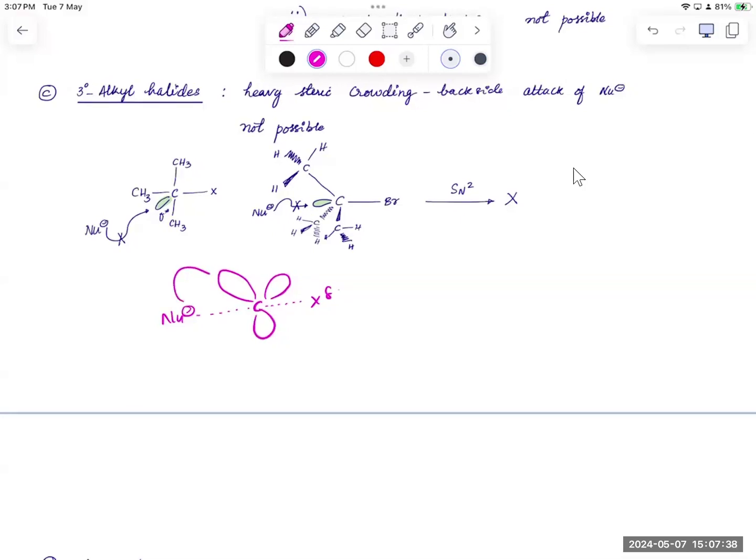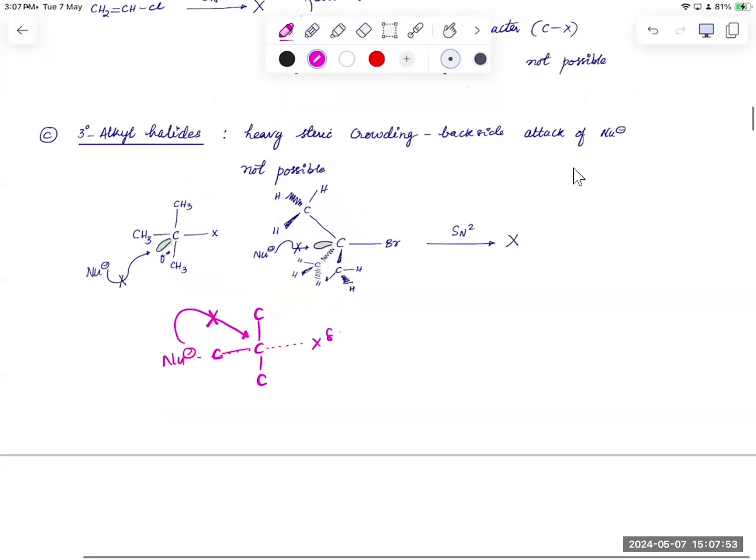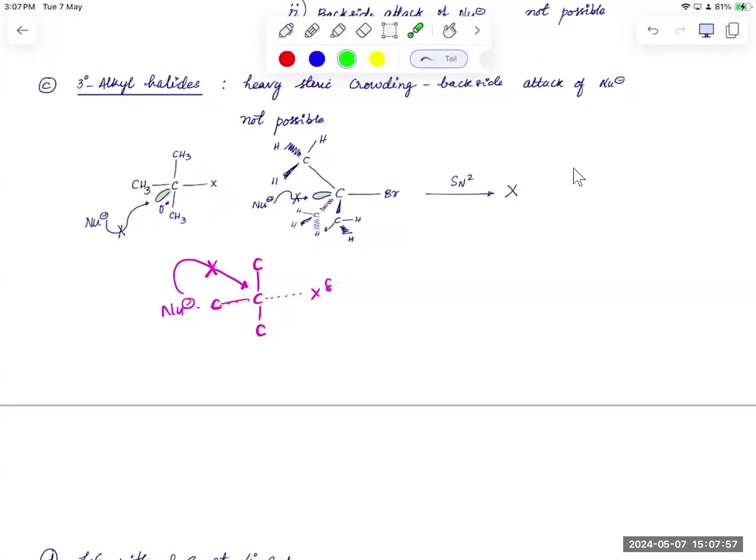The nucleophile cannot approach here anymore because it is heavily crowded, so it will not allow the nucleophile to approach.